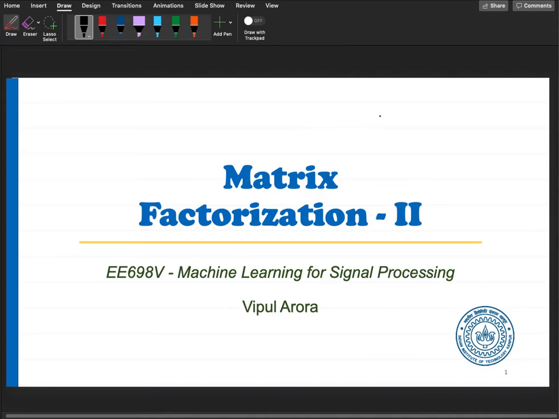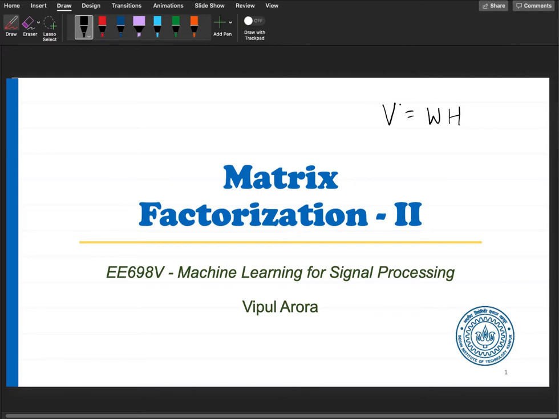So basically you have, let's say, a matrix V, you decompose it into W and H. It could be used for various purposes. One purpose could be to compress your data, like PCA. Another purpose could be to find useful information or structure in your data, like in, like in.